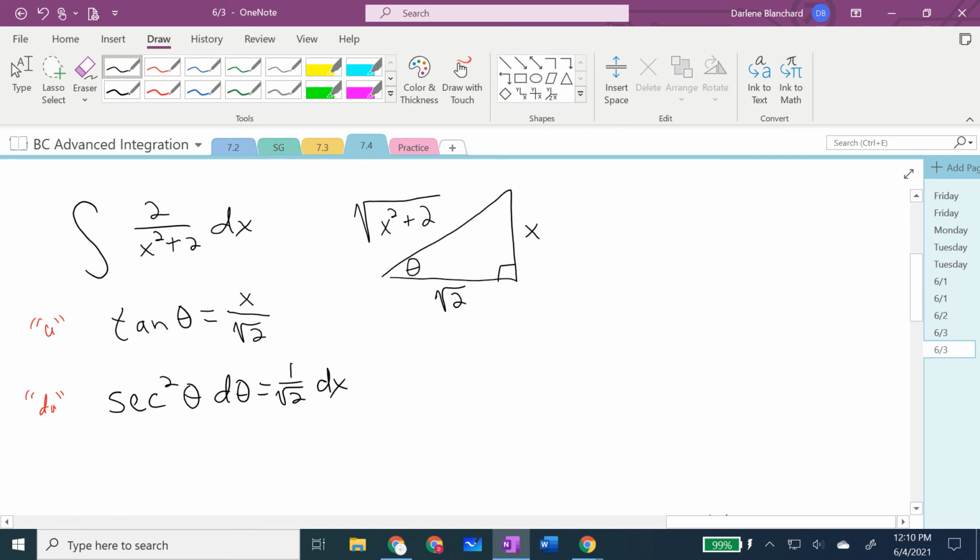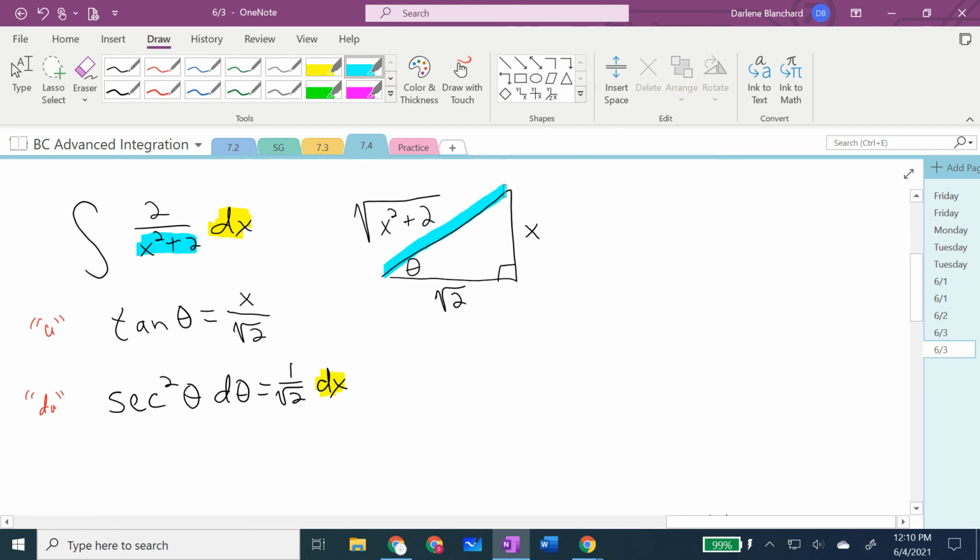So that also gave you a little bit of time to maybe get your integral set up. And most people find it easiest if they prep some of this. I have my dx, and most people will try to figure out what is x squared plus 2 based on this triangle.